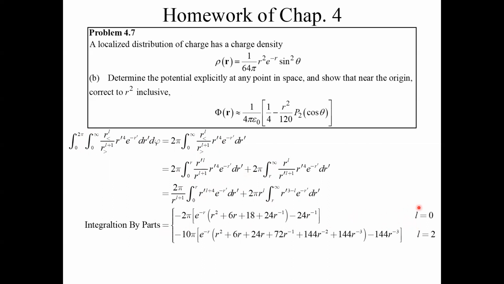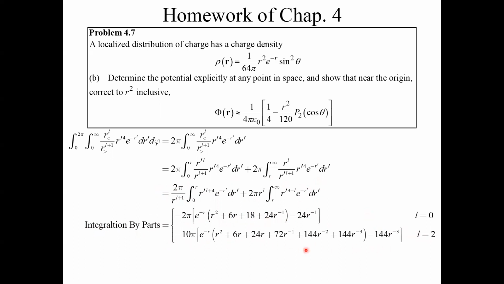We apply our L. Our L only has two values. So with L equals 0, this integration will have the result like this with integration by parts. And for L equals 2, the integration will give our result here.